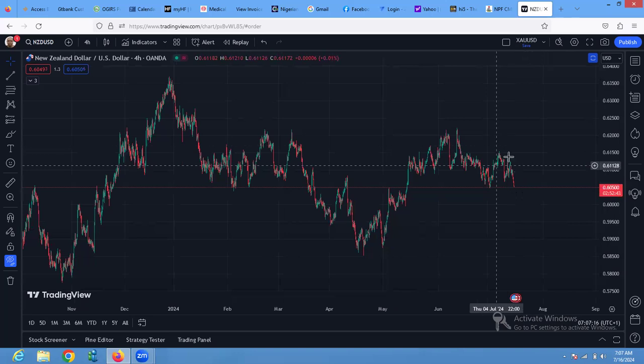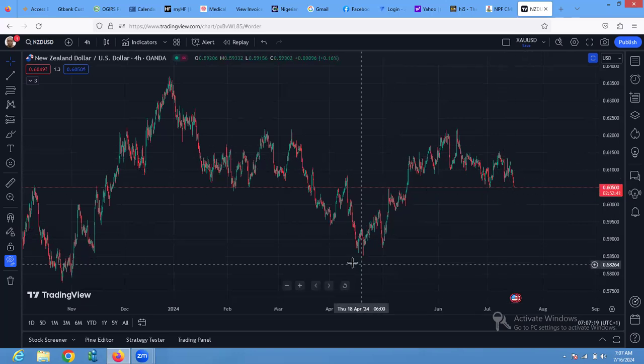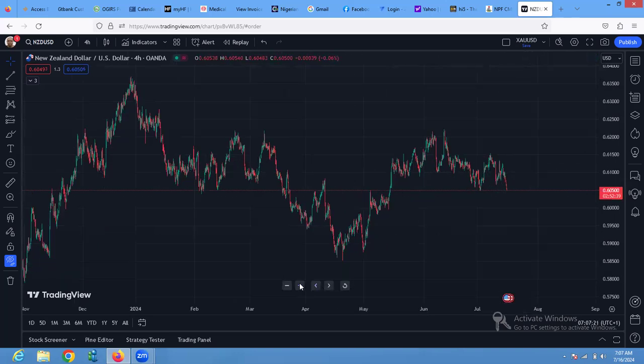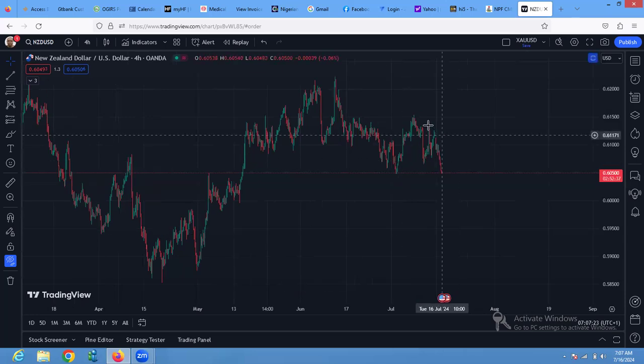But looking inside of this wave in itself, that is what we want to do now. Looking inside of this wave in itself, we see the first push as a 1. We see this as a 2, and we are seeing this as a 3.